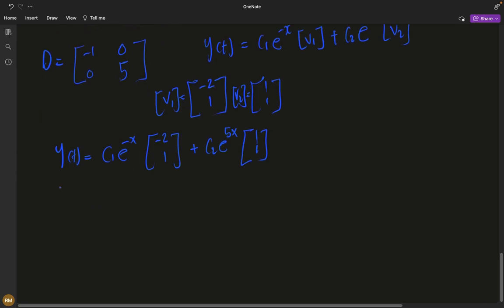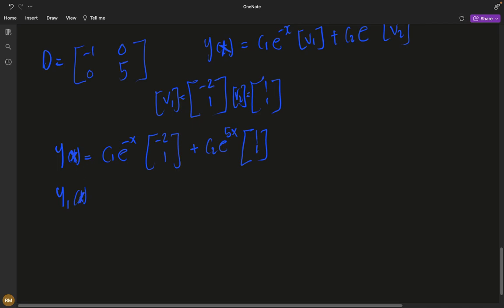And then our y of t, well, this is just multiplication, so our y1 of t. If you're putting t here, then that means you need to put this, so let's make this x here. Yeah, x.